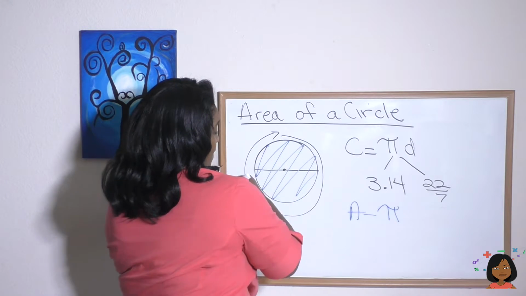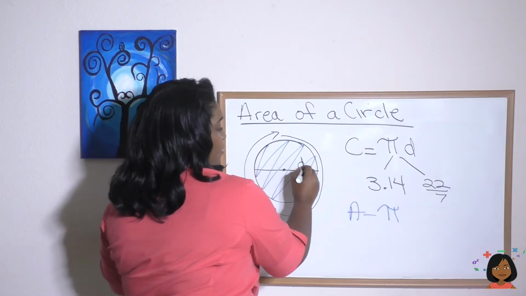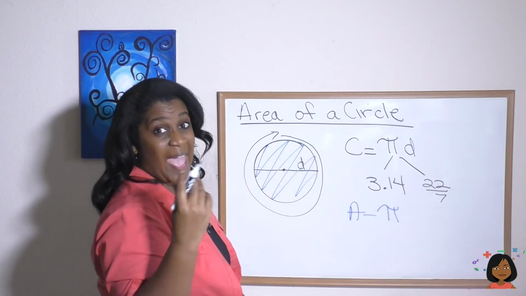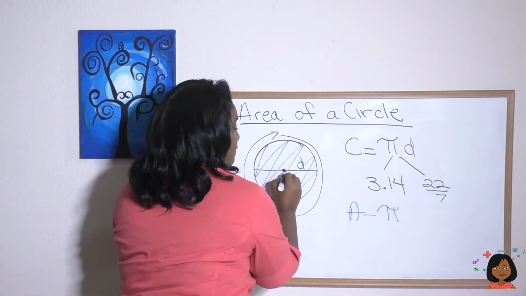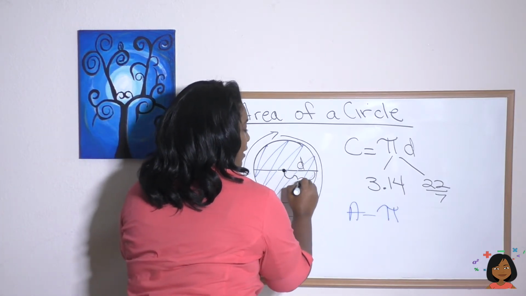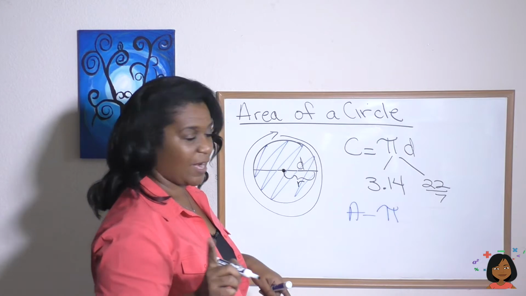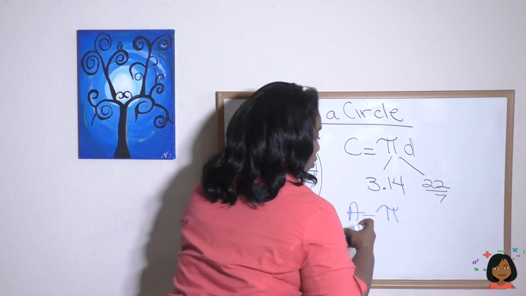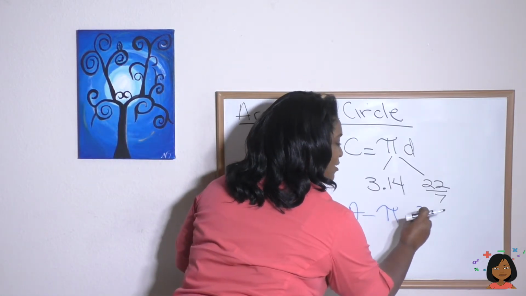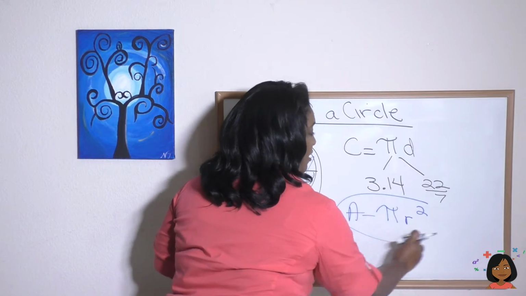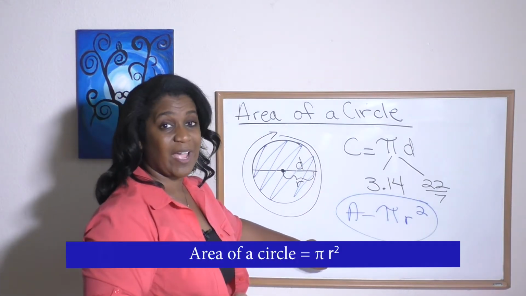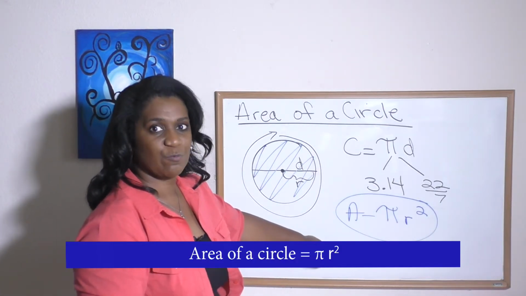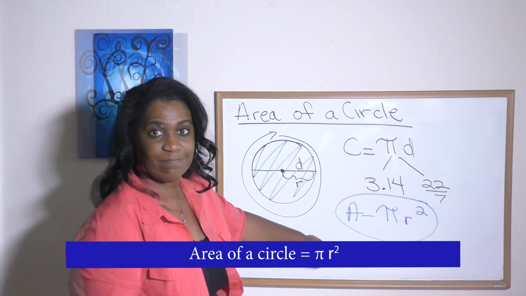It was this full cut across of a circle. Half of that is the radius, right? From here to here is the radius. So we're going to use the radius, but in this instance, we square it. So it's the radius squared is our formula. Area equals pi times radius squared.